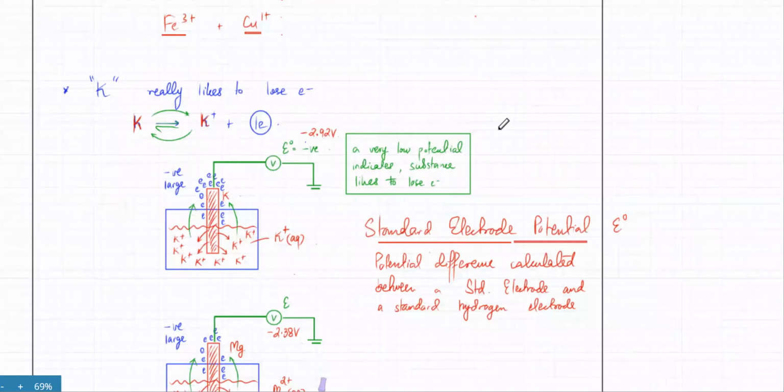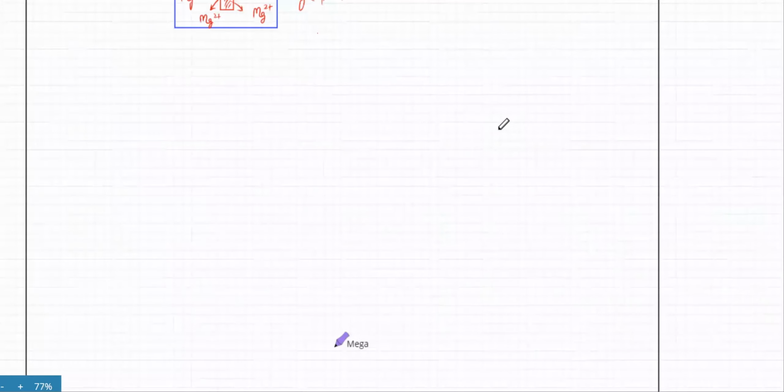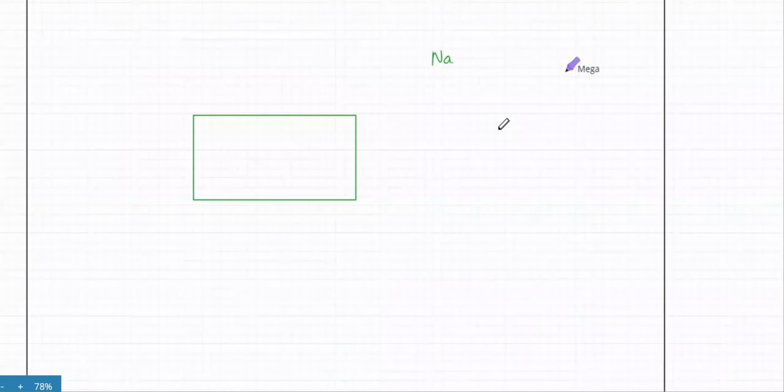So I gave you this idea of what electrodes are. I'm going to do a sodium one first, and we're going to discuss a few more electrodes. It's just going to be a recap initially of what we did yesterday. Let's say I want to know what sodium likes to do. Sodium is one element that we are very sure of.